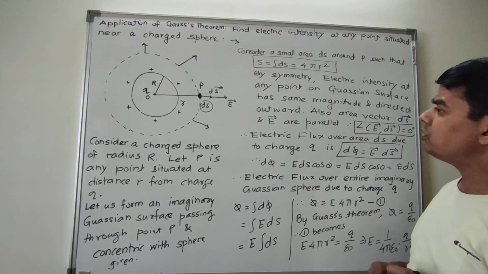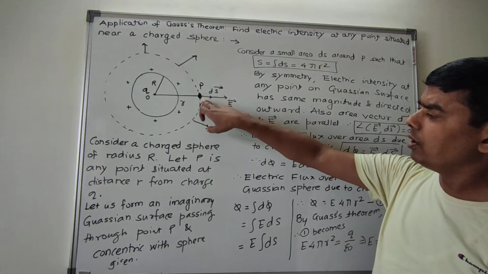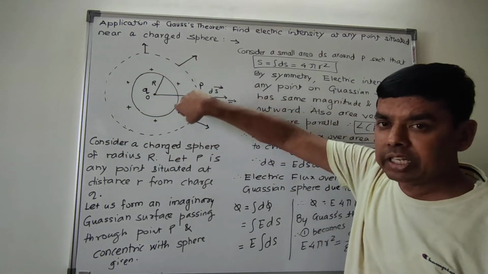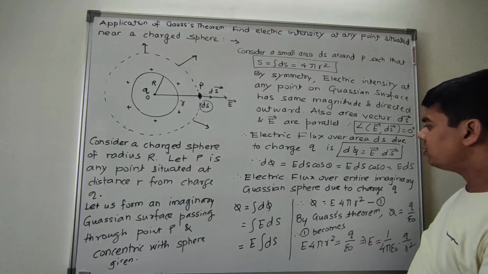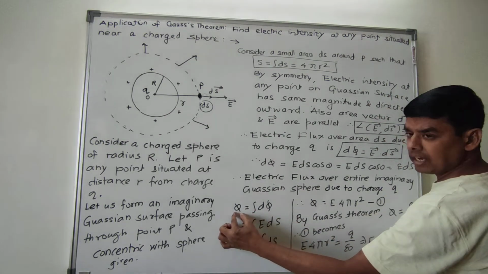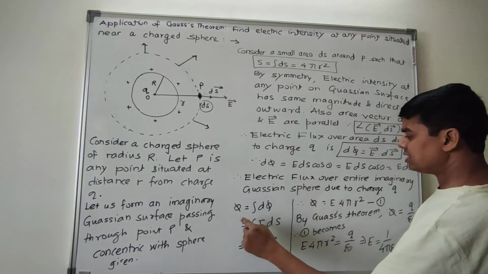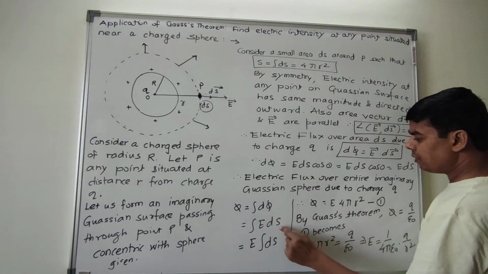But our job is to find the electric field at point P due to charge q over the entire imaginary Gaussian surface, and that's why we will consider the total electric flux due to charge q over the entire Gaussian surface as integration of d phi.